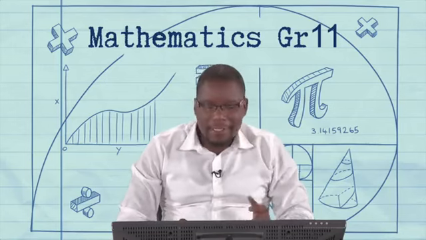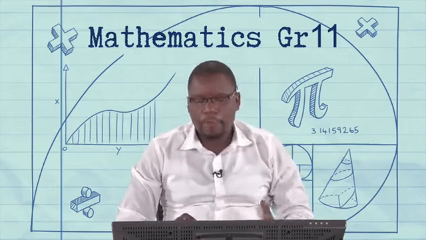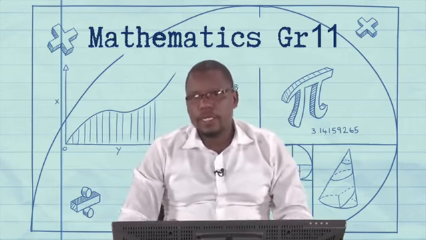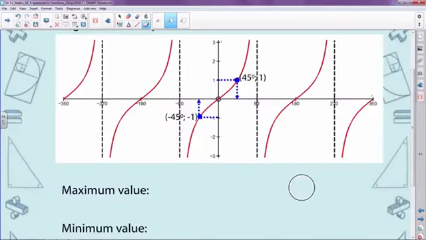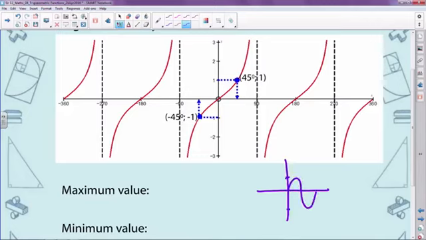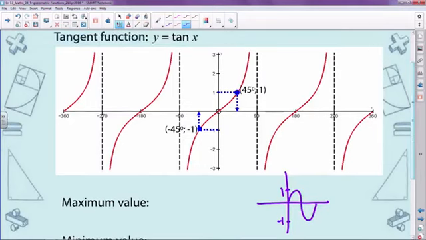All right, guys, let's see. From the two graphs, your y equals sine x and your y equals cos x, it was very clear when you were looking at your graph: minus 1 and 1. But I'm looking at this graph, I don't see the y value, and you can see that this graph continues.